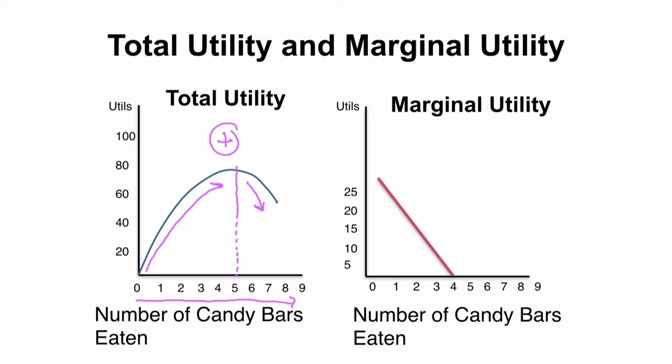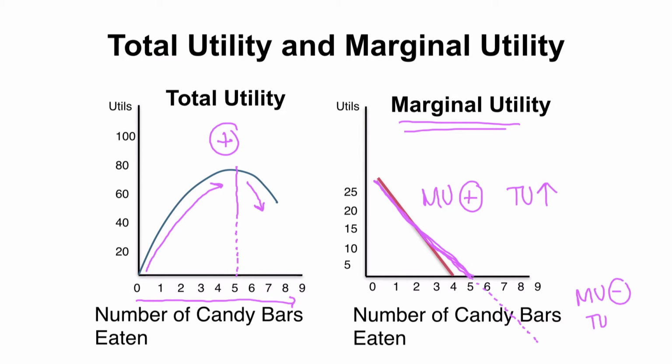This transforms into marginal utility in the sense that marginal utility is going to be positive up until the 5th candy bar. And then, after the 5th, we end up having negative utility as total utility declines. So marginal utility, once again, is positive when total utility is increasing, and marginal utility is going to be negative when total utility is falling.